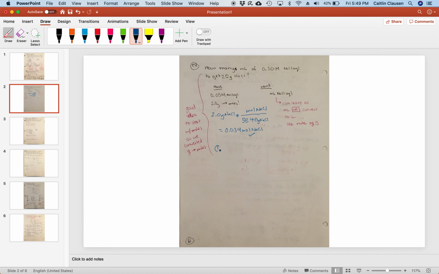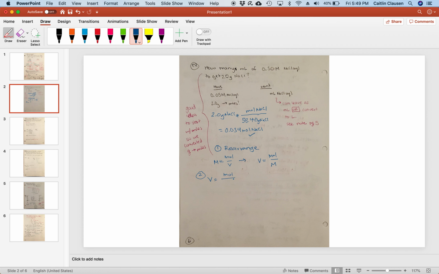So now we can go through our steps as per usual. We're going to rearrange our molarity equation so that it is solving for the unknown. So we know molarity equals moles over volume. If we rearrange that for volume, we get volume equals moles over molarity. Step 2, we're going to make sure our units cancel.